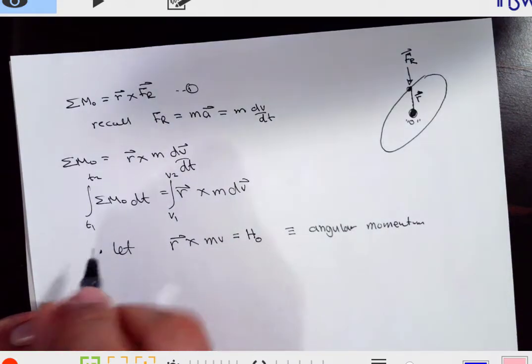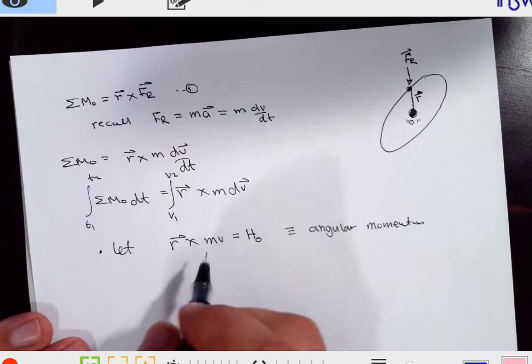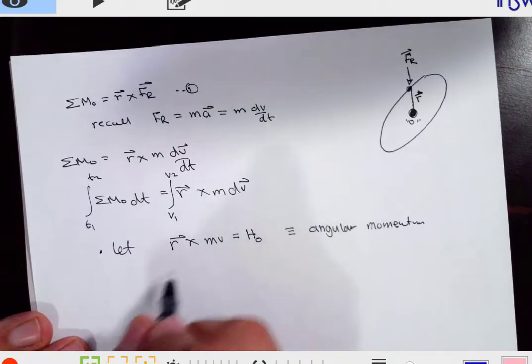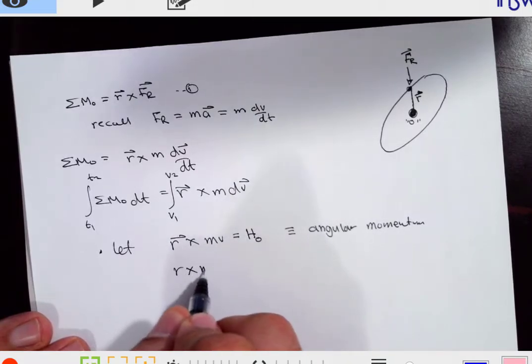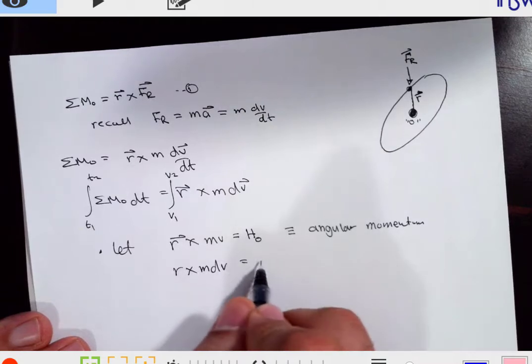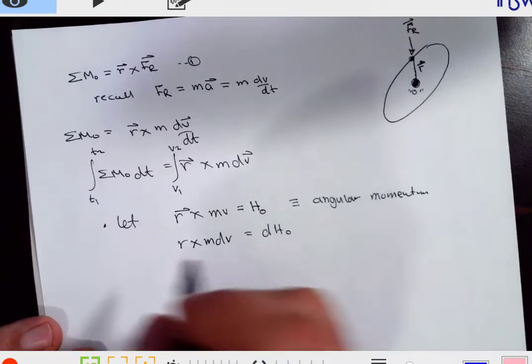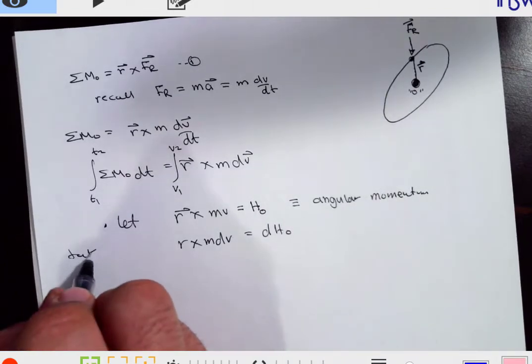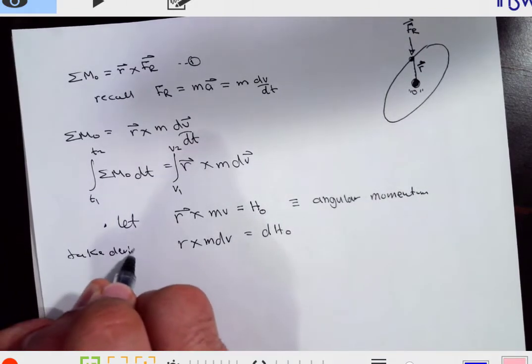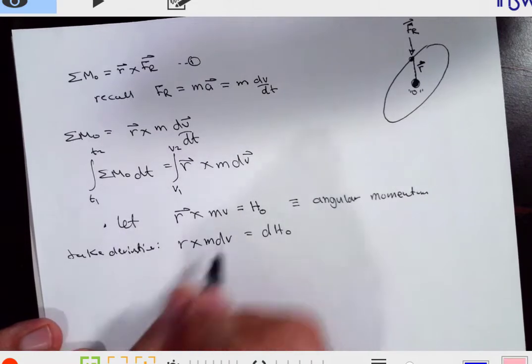Okay, we define that. Therefore, if you take the derivative of both sides, r cross m dv is going to be equal to dh naught. So take the derivative of both sides, you get that.